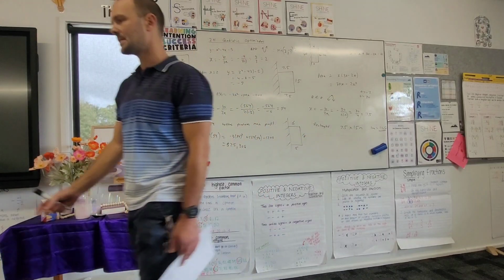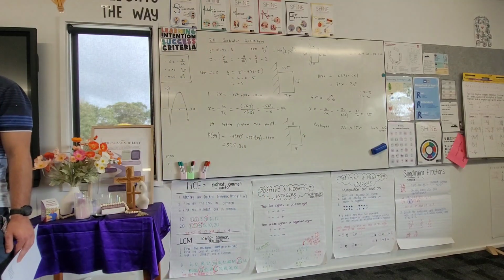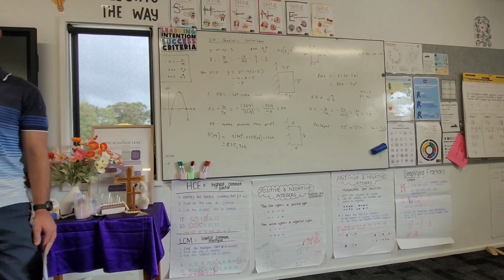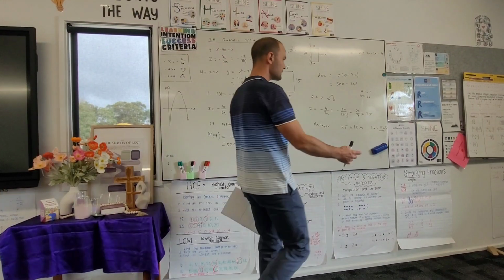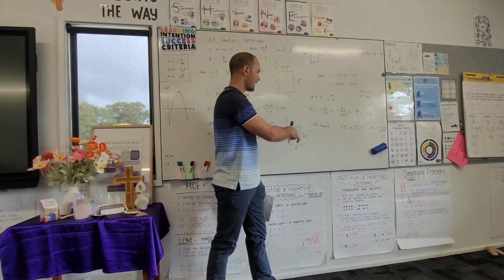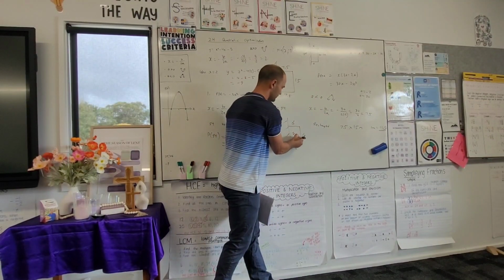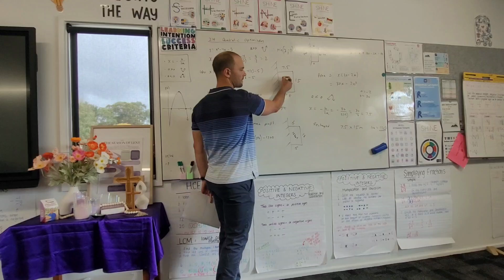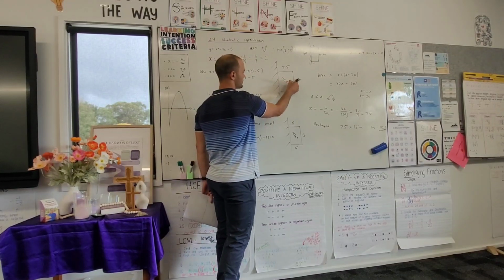And 6 times 18, 108. Okay, so I said this is the optimal solution. All other dimensions of this shape will have a smaller area. This gives us 108 meters squared, whereas this gave us the 112.5 meters squared.